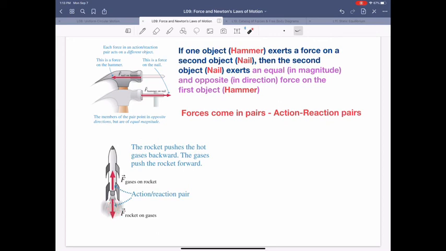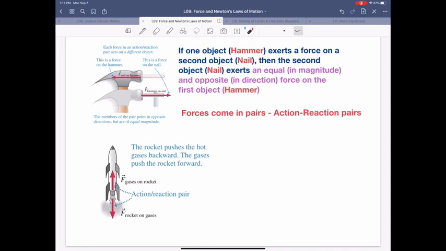So you've got the main body of the rocket exerting a force on the ejected fuel. Okay, that's one force. The rocket exerts a force on the ejected gas. Now, what the third law says is that the ejected gases exert an equal and opposite force on the rocket in the upward direction, and that results in the rocket lifting off.